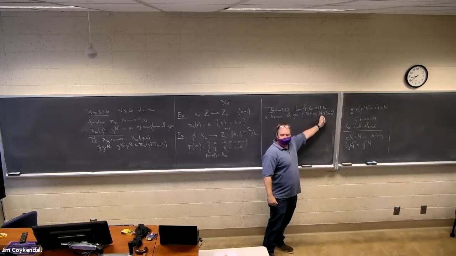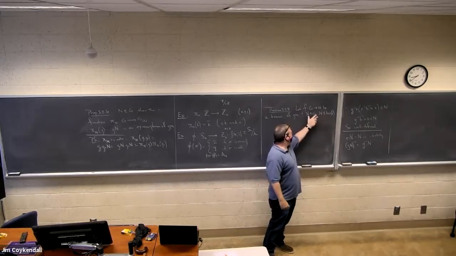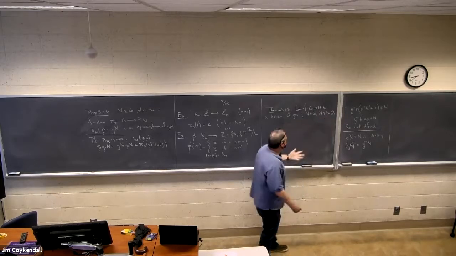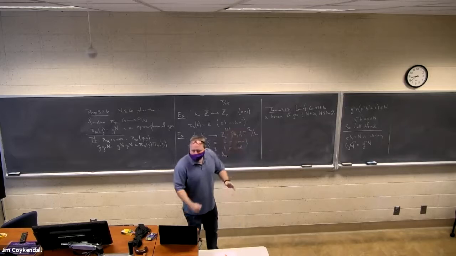So I'm going to generalize this a little bit. Let's say that N is some arbitrary normal subgroup with the stipulation that it is contained in the kernel. It might be the kernel itself, might be the identity, or might be something intermediate that happens to be normal.